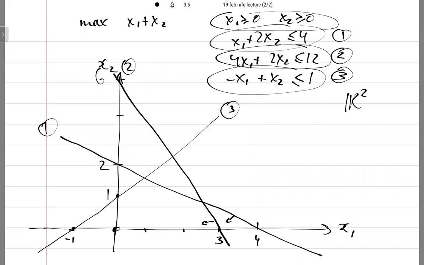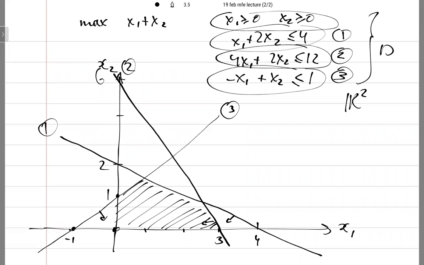The inequality is satisfied, so I choose the part of the plane that contains 0, 0. And finally, I have my set D. This is the region D on the plot.